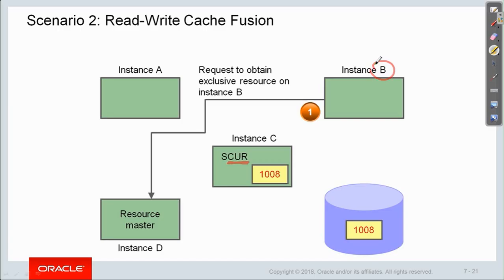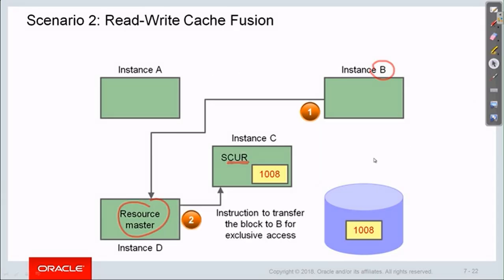So instance B requests the block that is needed. The resource master instance receives the request: you need a block for DML, so we're going to find that location and then return it to you. That is the idea.